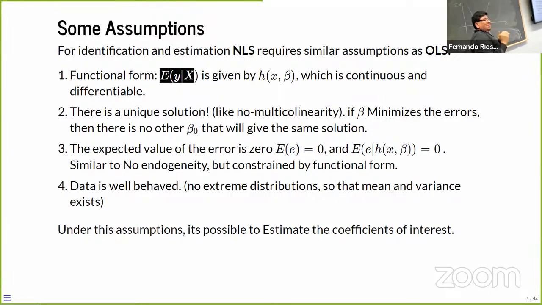Assumption number 3, just like we had before, or a very similar approximation to what we had before. In OLS, we usually say we want the expected value of the errors to be 0, but also the expected value of the errors conditional on x to be 0. Why do we want this? What's the implication of that assumption?